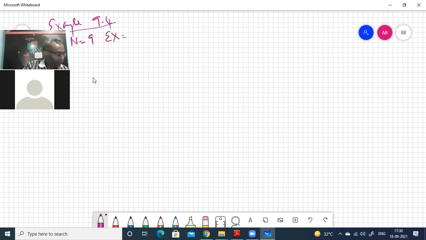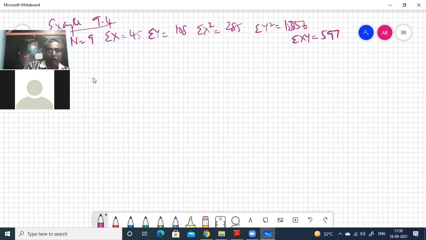Sigma x is equal to 45, sigma y is equal to 108, sigma x squared equal to 285, sigma y squared equal to 1356, then sigma xy is equal to 597. Find R. Directly you can substitute in the formula.